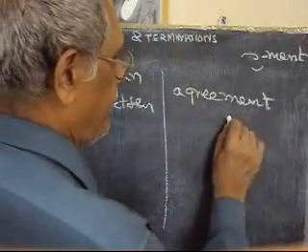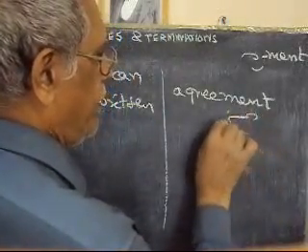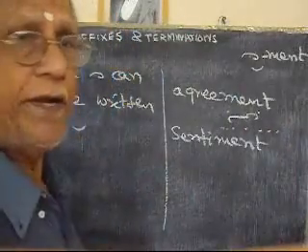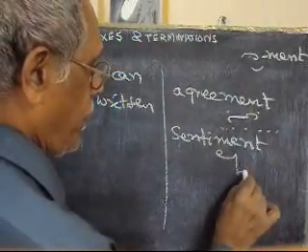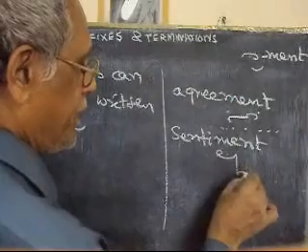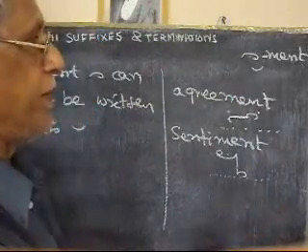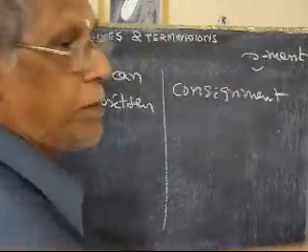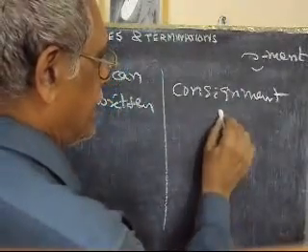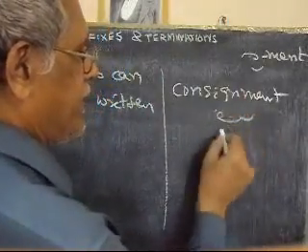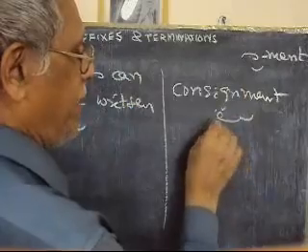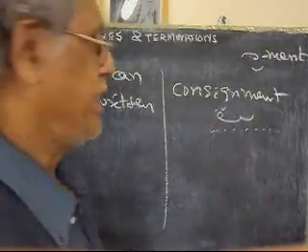Agreement, sentiment. But consignment, suppose consignment, this is convenient. Consignment, N hard is convenient.